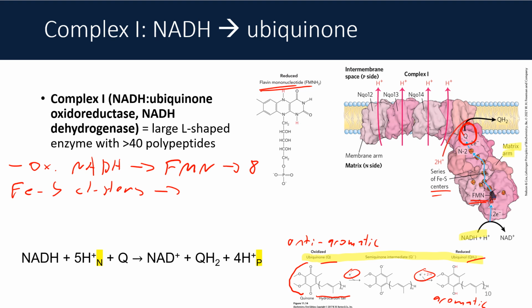And this reduction occurs right over there at that Q binding site. So the electrons hop off onto coenzyme Q, forming ubiquinol, which undocks and swims away along the inner mitochondrial membrane.